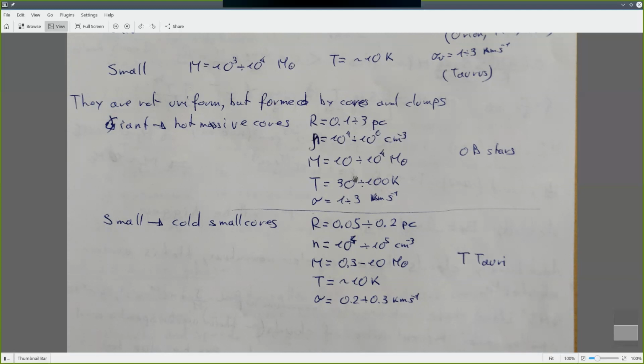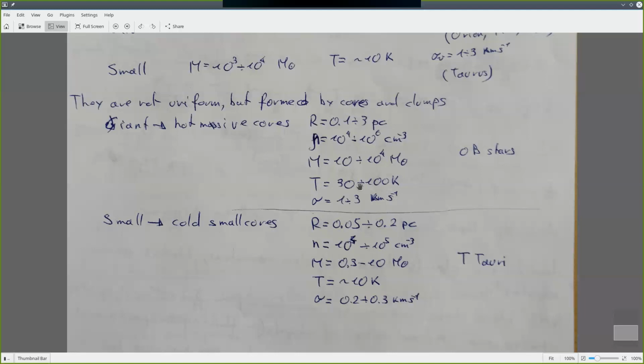The temperature 30 to 100 Kelvin, and dispersion velocity 1 to 3 kilometers. The small cores are smaller, a little less dense, with smaller masses, colder, and lower dispersion velocity.